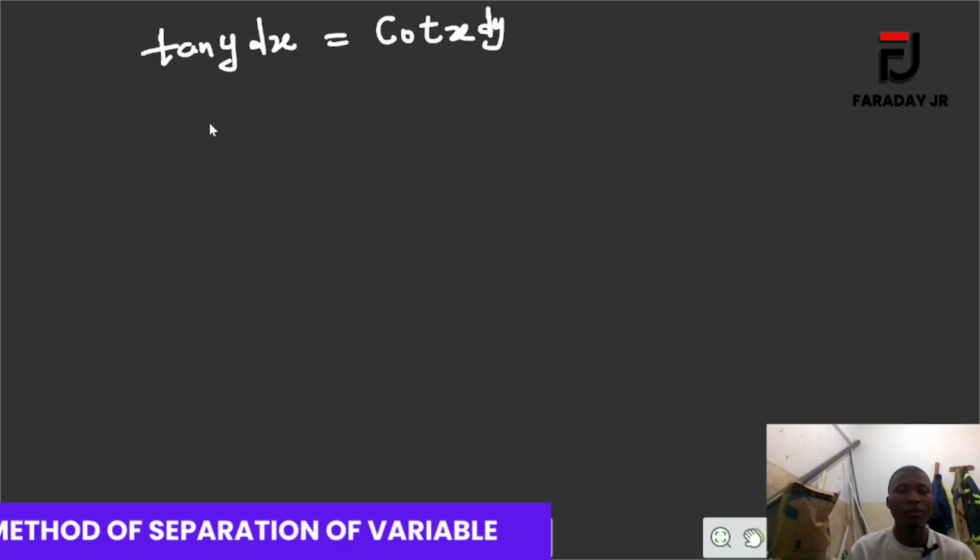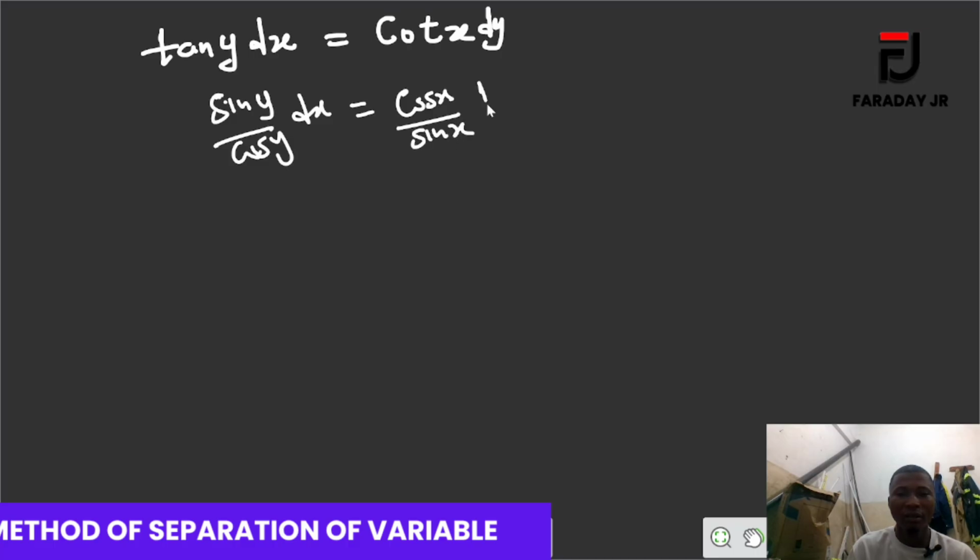Realize that the simplest form of tan y is sine y all on cos y, dx, which is equal to, and then the cos x, the reciprocal of tan x. Therefore, we can say it's the same as cos x all on sine x dy.